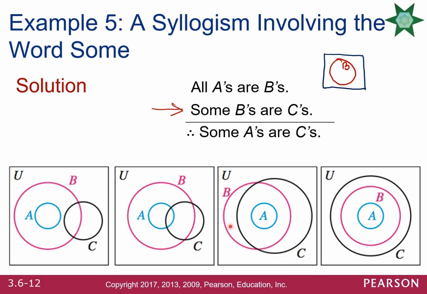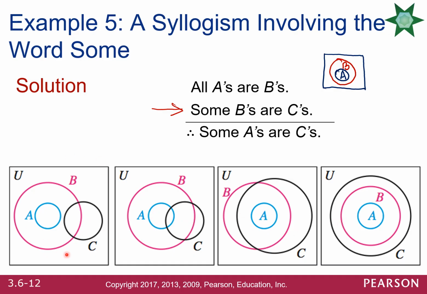That means every A is also a part of B. So we had the set of A contained entirely within the set of B. We will keep this, and now with this diagram, we will also build in the second premise. We will combine the second premise, some B's are C's, and we will see that there are 4 different ways we can represent that.